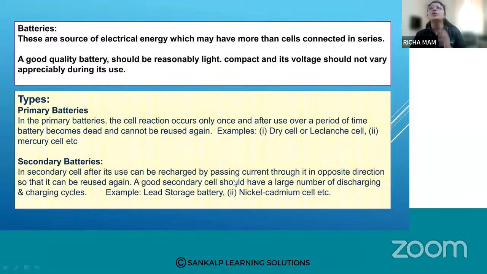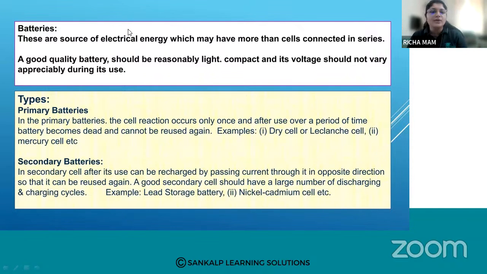Some batteries you can charge first, and whenever there is a requirement of light, you switch it on and it gives you light. Later, whatever you have charged starts to discharge, and later you can charge again. That is another type of battery. So battery and cell are the same; you can call it either.